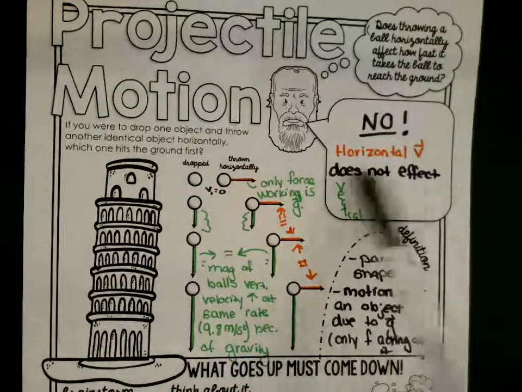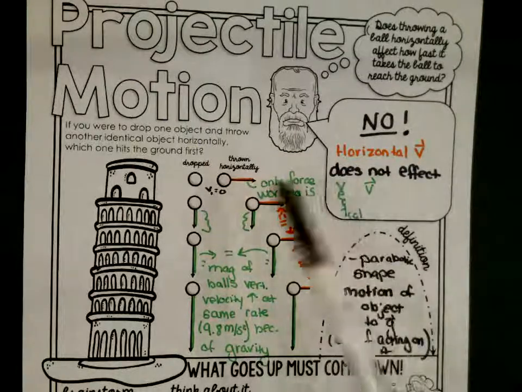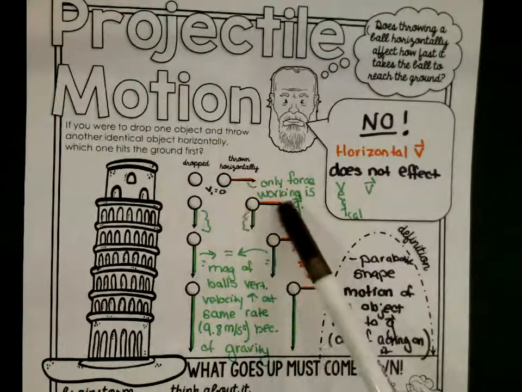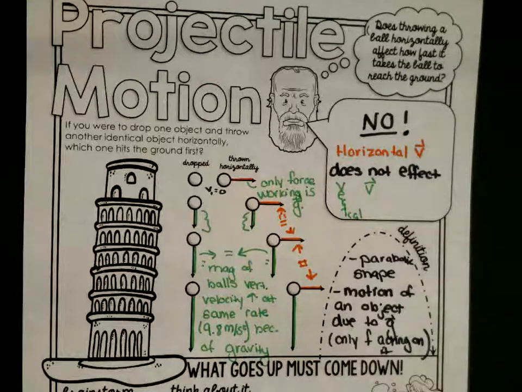And that horizontal velocity is never going to change. It's going to remain constant throughout. Because after we throw it, we're no longer adding or taking away a horizontal velocity from it at all, because we're disregarding air resistance. So an object in motion stays in motion. All right.